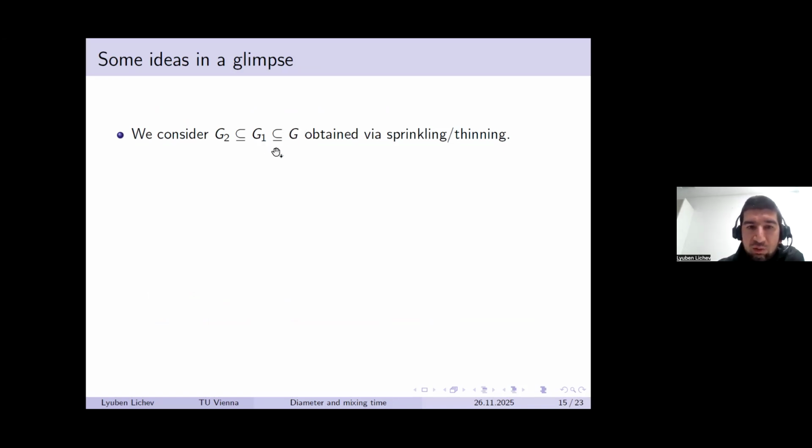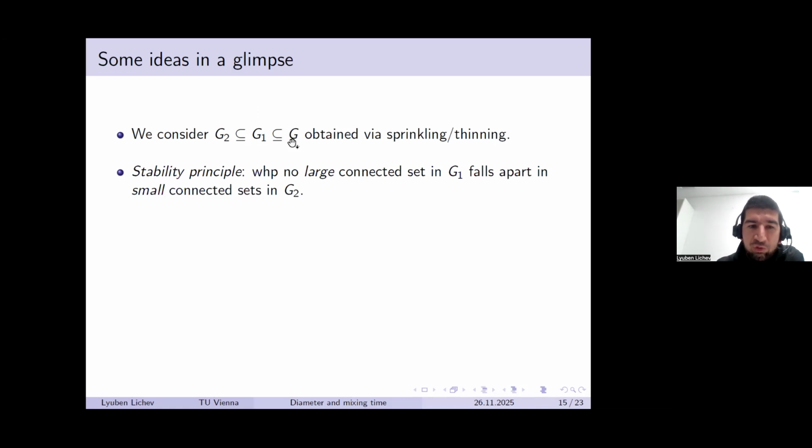G1 is a sparsified version of G, and G2 is a sparsified version of G1. So you can imagine that you do thinning twice, and G is your original graph. The first thing we do is establish a stability principle. Let's look at the step where from G1 we obtain G2.